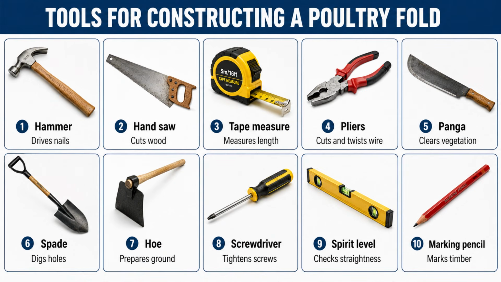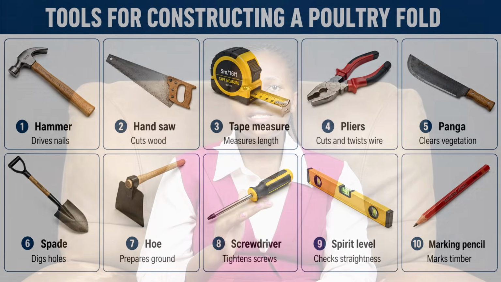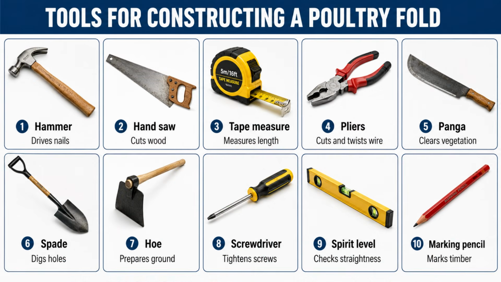What are tools? Tools are items that you hold while you are working. They are just the things that you use while working. For this project, there is a list of tools that you are going to need, and I'm going to list them. You may find that you need more. Depending on what you are constructing and the materials you have decided to use for your poultry fold, you should add some or remove some from this list.